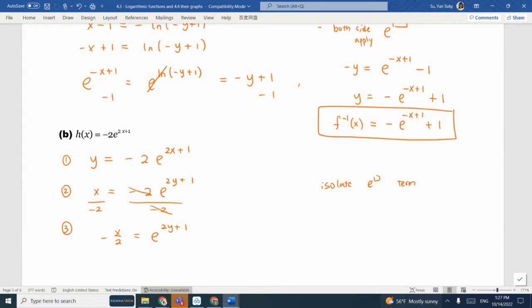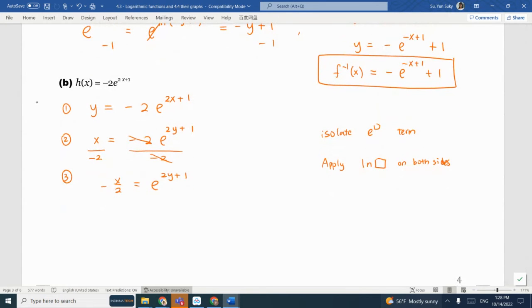How do we get rid of the e? Apply ln on both sides. Yes, everybody? Because e and ln are inverse functions. To get rid of the e, apply ln. To get rid of the ln, apply e, right?